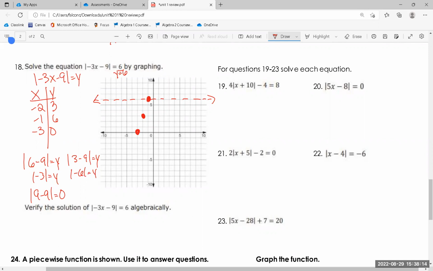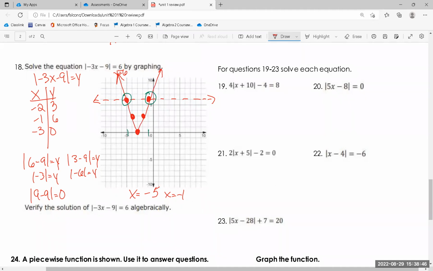So I'm going to have another point at negative 4, 2, and then also another point at negative 5, 5. So it looks like solving this, x is equal to negative 5 and x is equal to negative 1. That's where these two lines are crossing, with the x values.